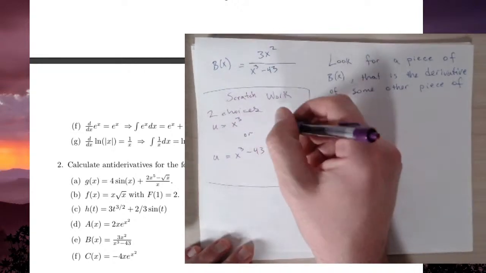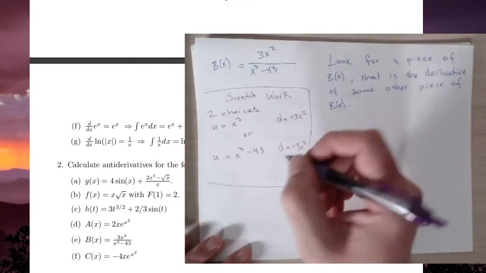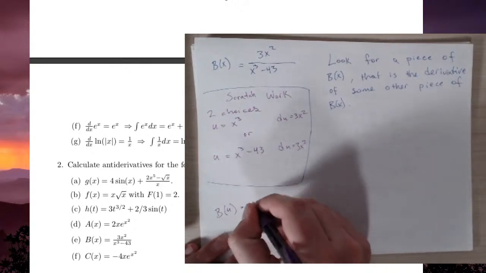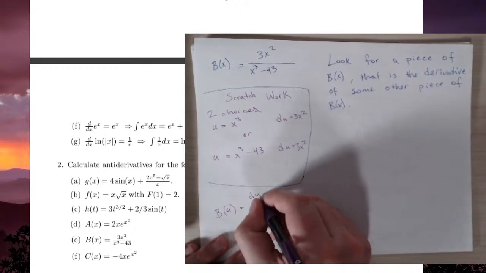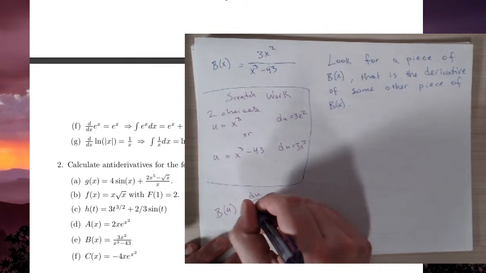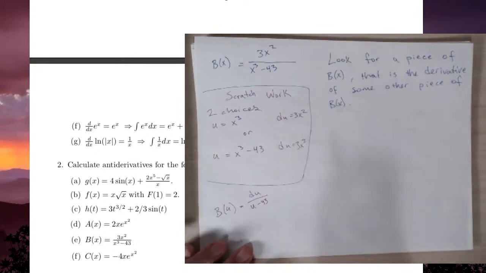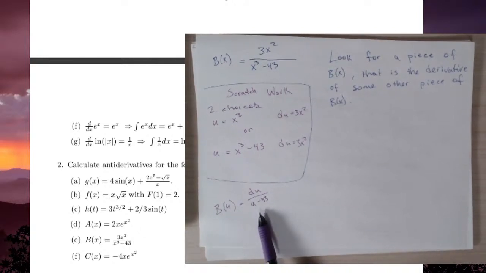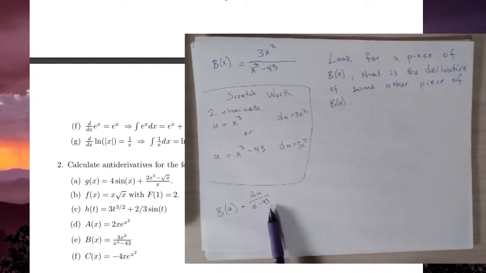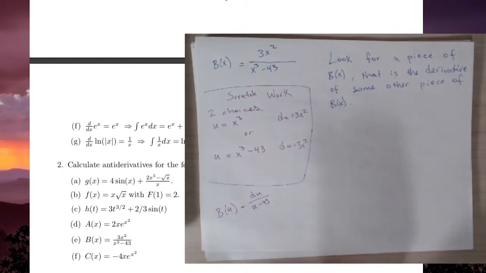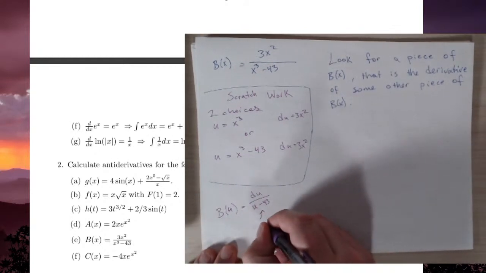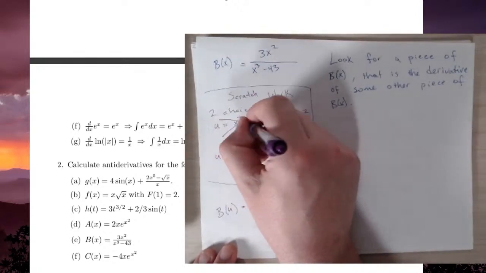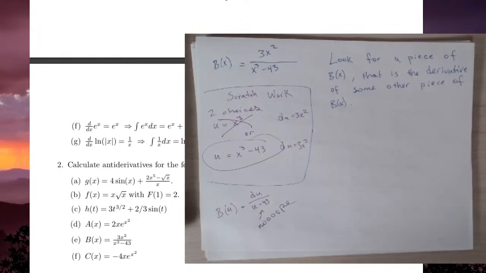If we take the first one, suppose we just do x cubed, then we'd have b of u equals du over u minus 43. If it's just du over u, that's great, right? But this du over u minus 43, nope. So we don't want to use this one. We want to use this one.